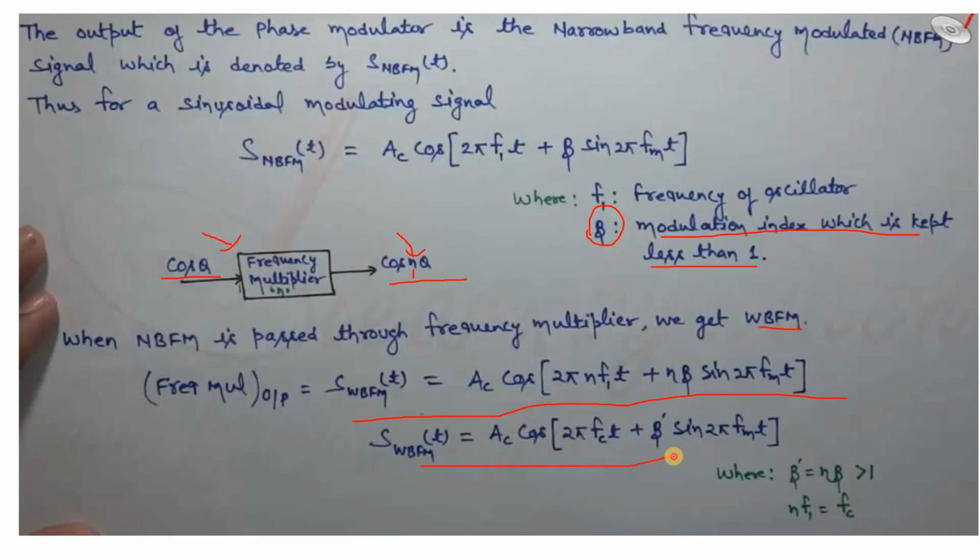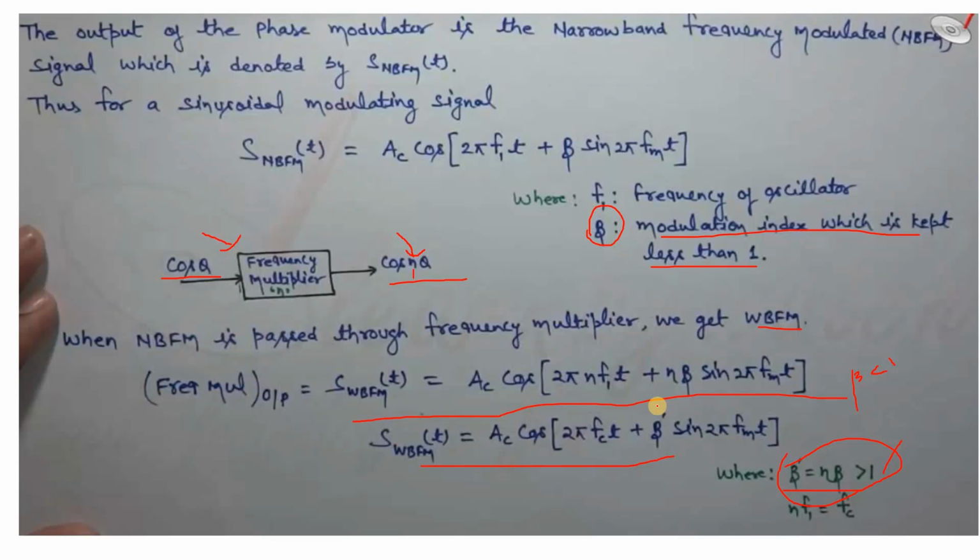Then you can write this as AC cos 2 pi fc t plus beta naught sin 2 pi fm t. Here beta naught is equal to n beta, and it is greater than 1. The n beta is greater than beta, which was very small, less than 1 according to the narrowband frequency modulated signal requirement.